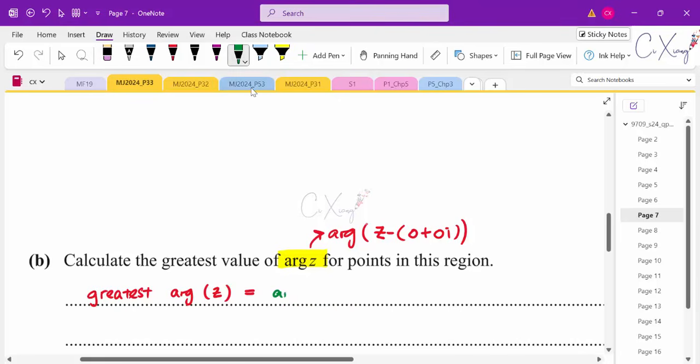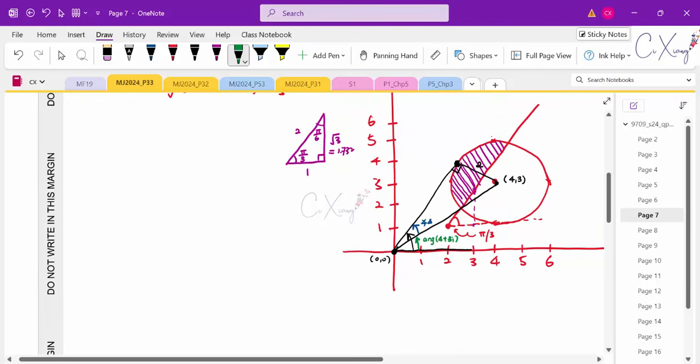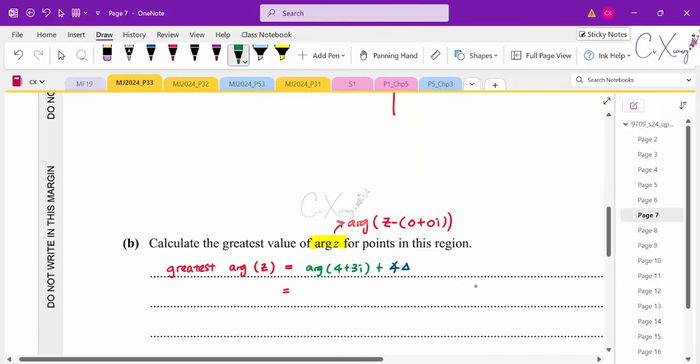Argument 4 plus 3i, then plus the blue color angle in the triangle. So how to get the argument for 4 plus 3i? It is the argument for the complex number 4 plus 3i. It is in the first quadrant, therefore the argument will be tangent inverse 3 over 4.